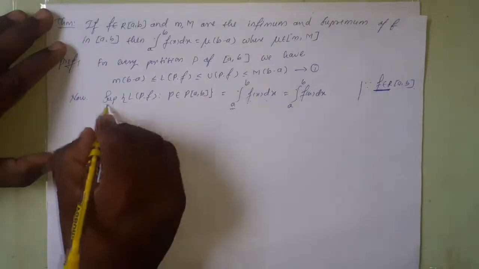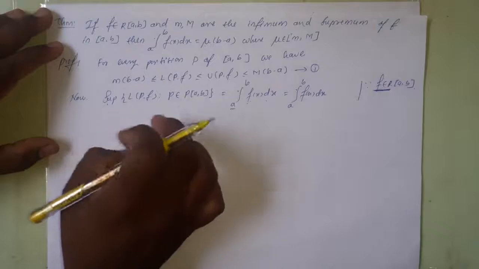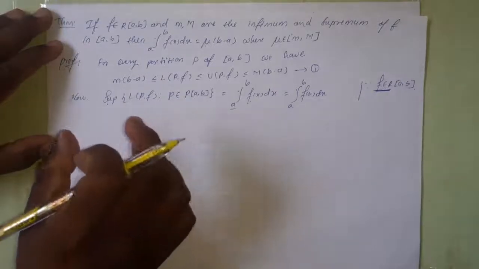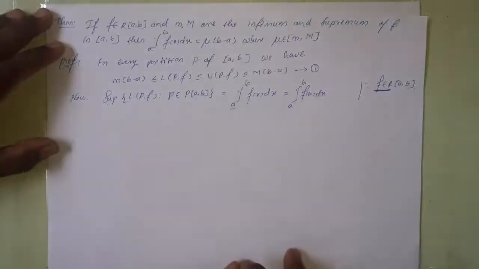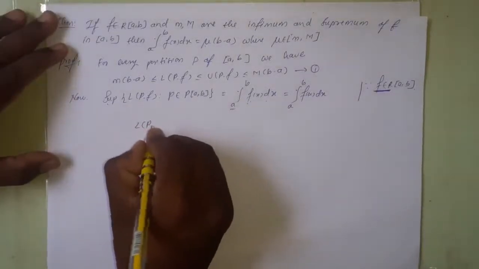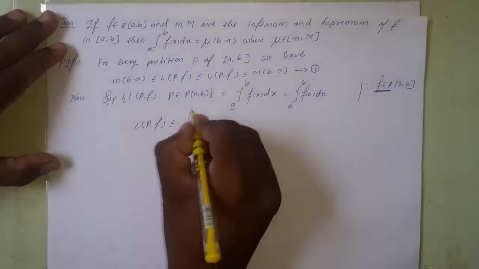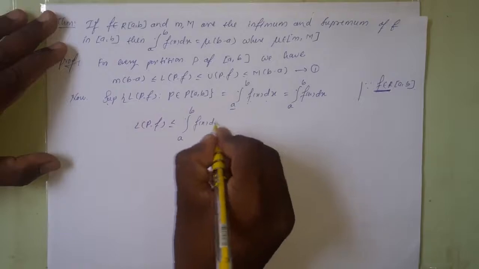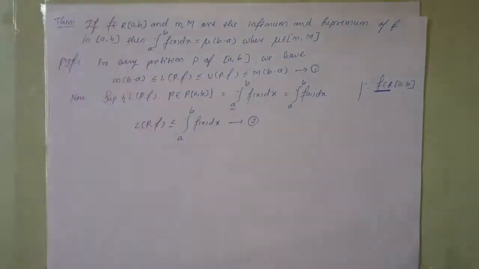So here the supremum of L(P,f) means an upper bound of the L(P,f), and an upper bound is always greater than or equal to all the L(P,f). Therefore, we can write that each L(P,f) is always less than or equal to the integral over a to b of f(x) dx, and consider this as the second equation.